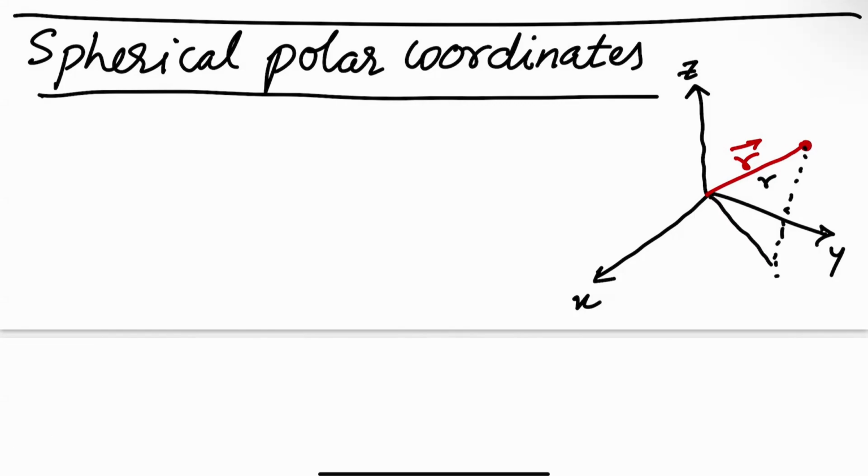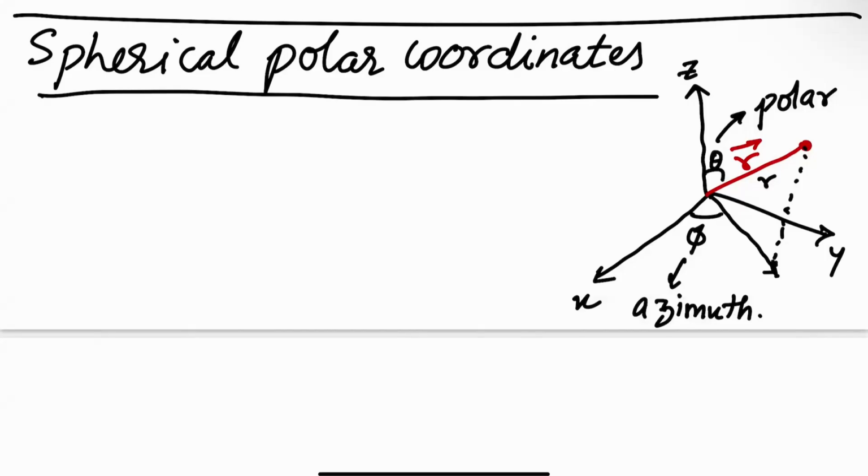Okay, that projection is the projection in the xy plane. That projection makes an angle phi with the x-axis. So you define one angle with that. And this vector, which is r vector, also makes another angle, theta, with the z-axis, right? So that's called the polar angle. So this is polar angle, and this is azimuthal angle.